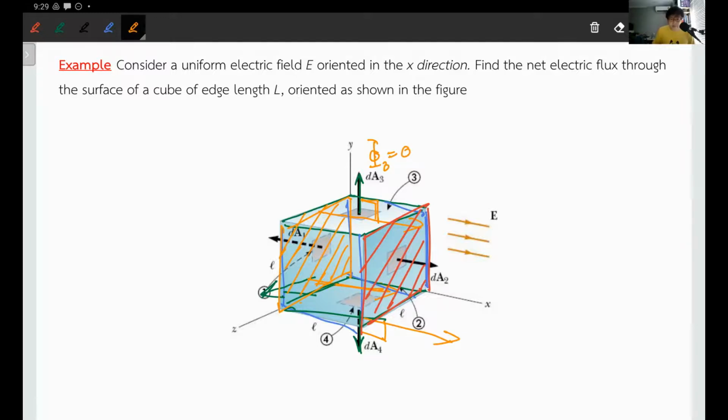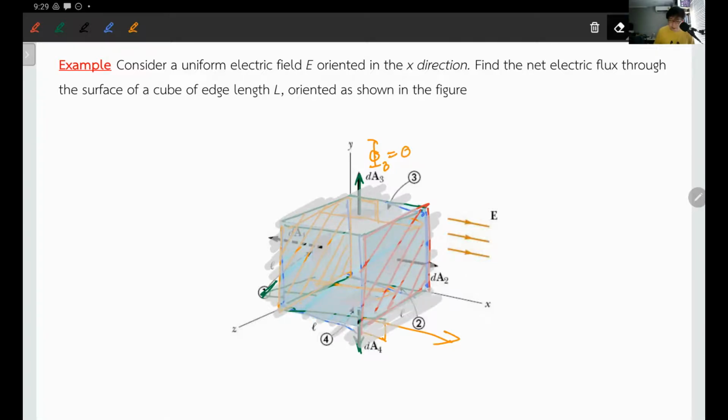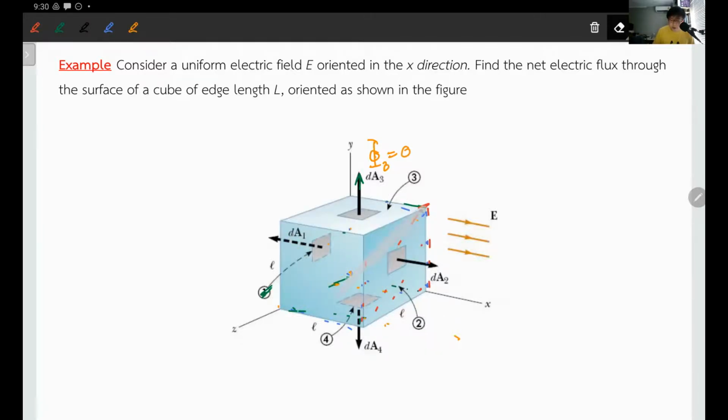Okay, so let's look at surface number 1, which is toward the back. Now I can just erase them all. I hope you see what I'm trying to get to now. What you see over here is that the electric field is pointing along the x-axis, but the left surface has a vector pointing backward like so.